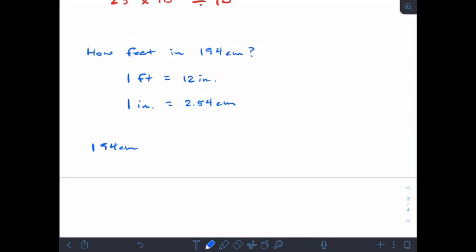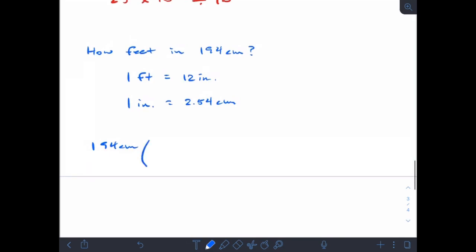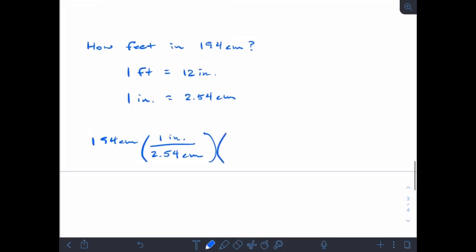My relationship that has the centimeters in it is my relationship to inches, so I'm going to put the centimeters on the bottom, because that's the part I want to get rid of, to 1 inch. My centimeters will cancel out, so if I stopped here, I would have an answer in inches. Now I'm going to use a second conversion factor to get me from inches to feet, and I want to put inches on the bottom, because that's what I want to get rid of.